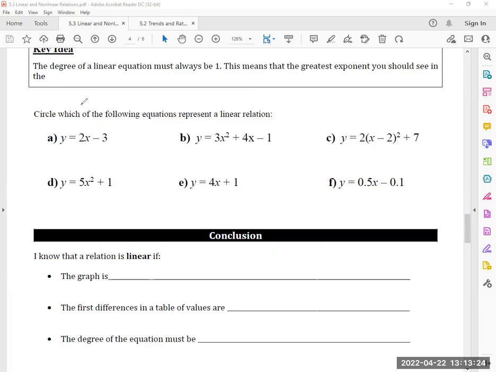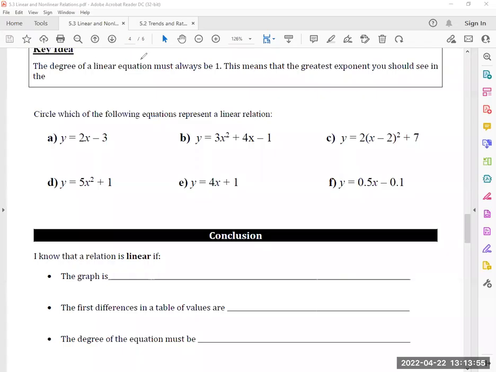The easiest way to identify if an equation is going to give you a straight line or not is to look at your x terms. So look at A, look at B, look at C, look at D, look at the x terms, and see if the exponent on the x is a 1. If it's a 2, 3, 4, or anything more than 1, it's not going to be a straight line. I can guarantee that.